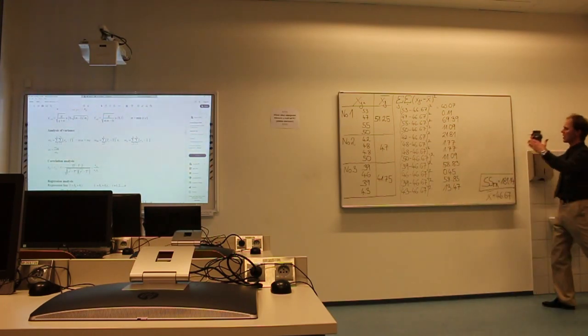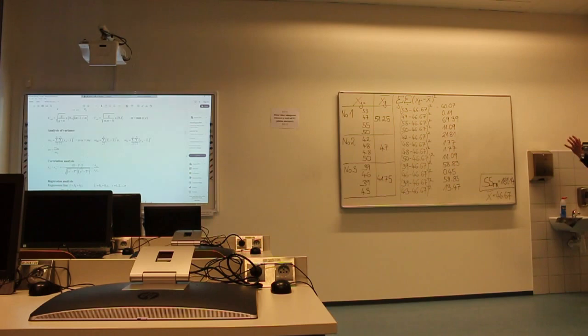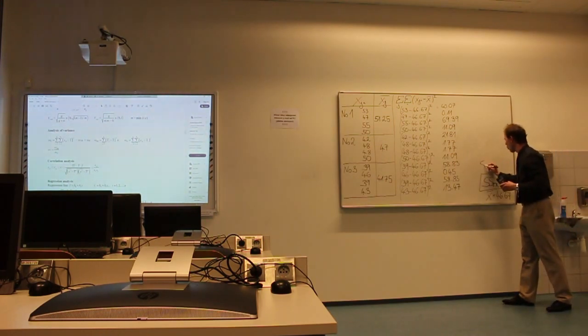Okay, the sum of these 12 values should be total sum of squares. SS, sum of squares, total.